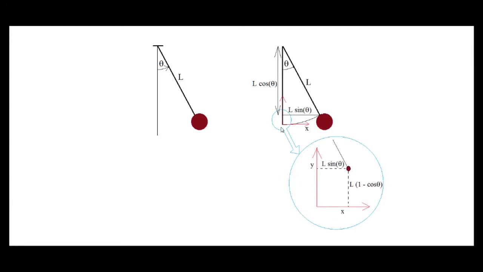So here we set up a Cartesian coordinate system at this point where theta is 0, and then if we magnify this here, we see that this length is actually L minus L cos theta. So this much length is L times (1 minus cos theta), and this length is L sin theta. Therefore we will calculate theta as a function of time, and then we will use that theta to compute y and x.